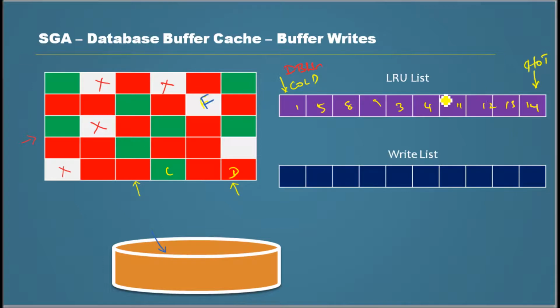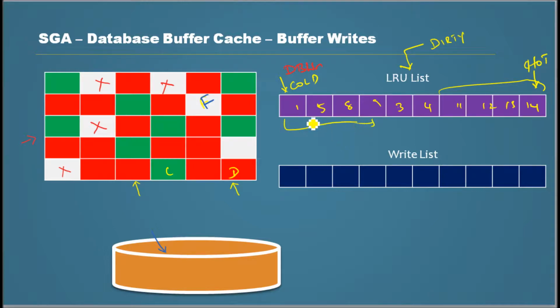These are the blocks that were frequently used, and these are the blocks that were cold. The LRU list also keeps track of which blocks are dirty and keeps track of the status of the blocks too, whether it's dirty, clean, like that.